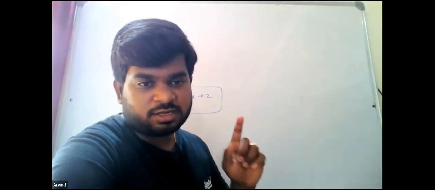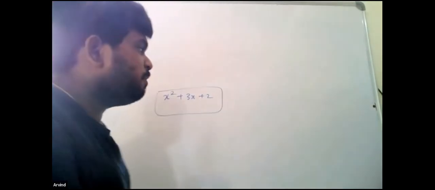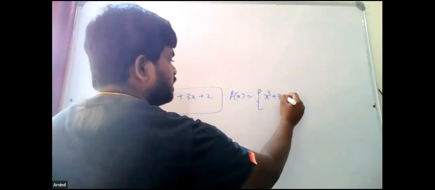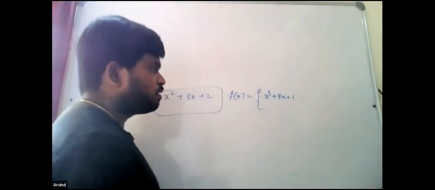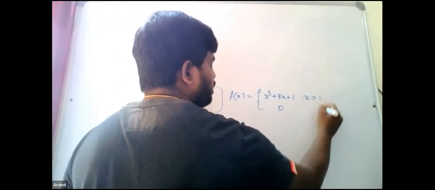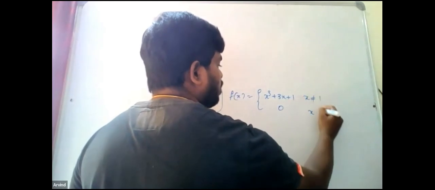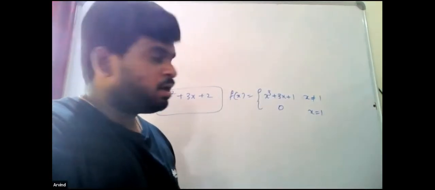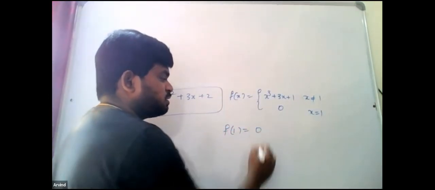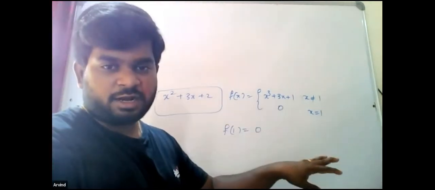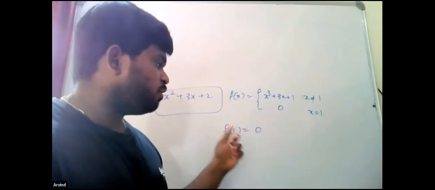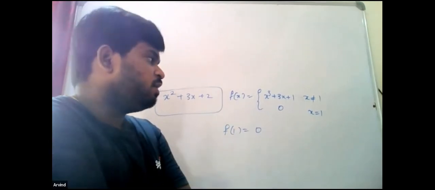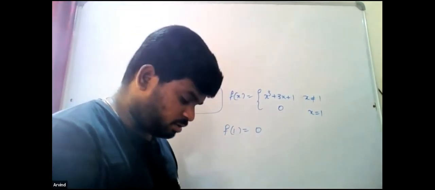Because in the exam you don't need to sit and check. For example, f of x is equal to x cube plus 3x plus 1 is given, with a different value at x equal to 1. Usually with such functions you find f of 1, then the LHL and RHL, the left hand limit value and the right hand limit value, and if all three are equal, you say it is continuous. I've just taken a random example, I don't know whether the question is correct.